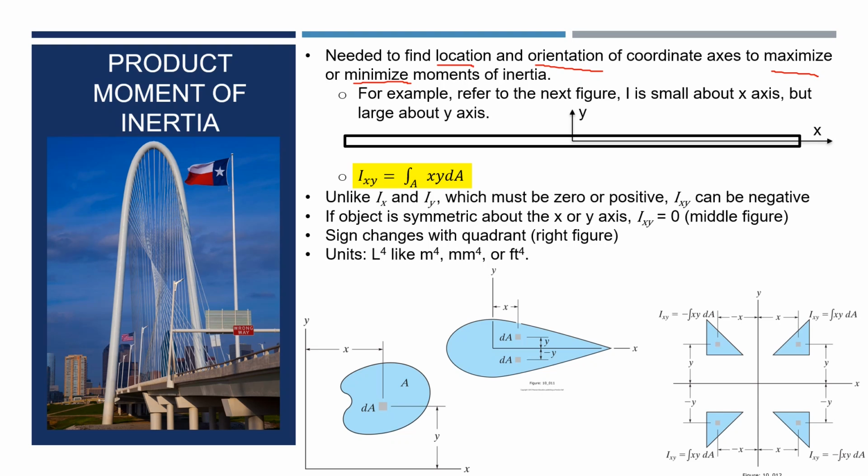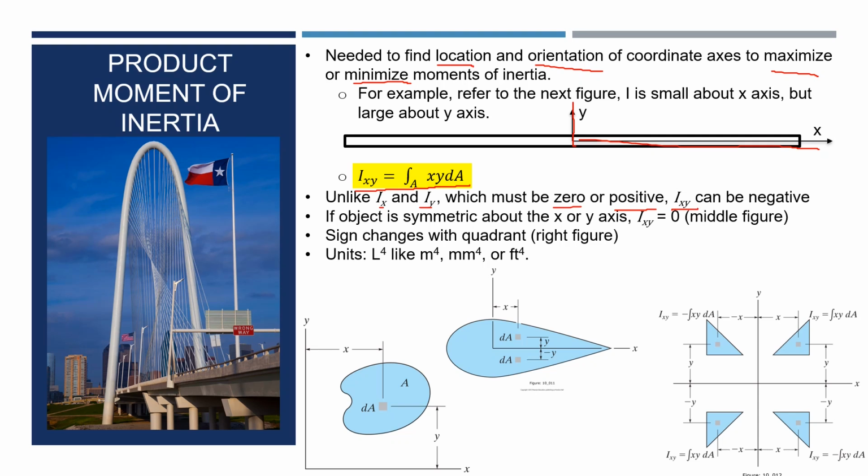And the example here is just a thin rod, that it has a high moment of inertia about the y-axis, low about the x-axis. And here's the formula right there. It can be zero or positive. Ix and Iy can be zero or negative. And the only way it can be zero is if it had no dimensions and no mass.